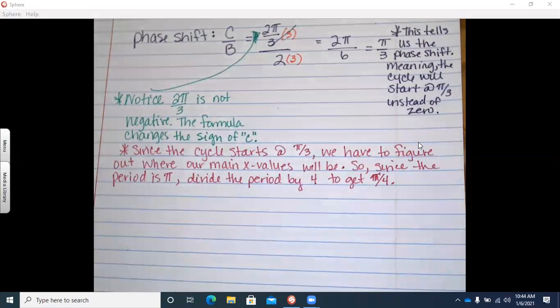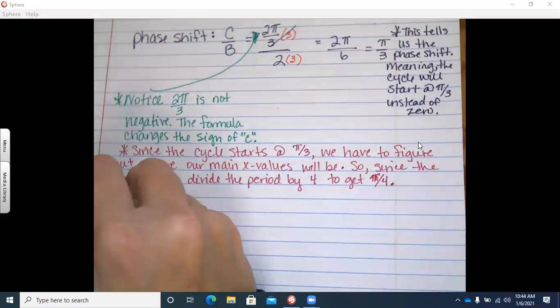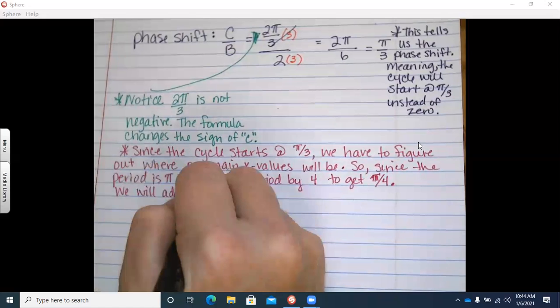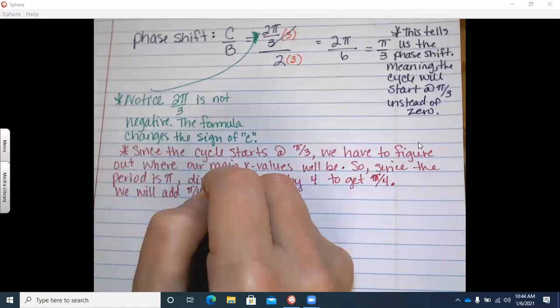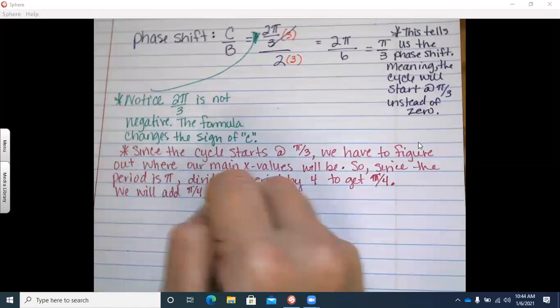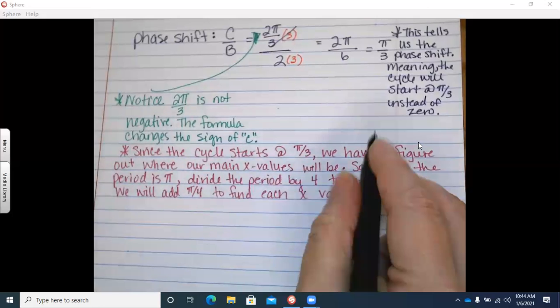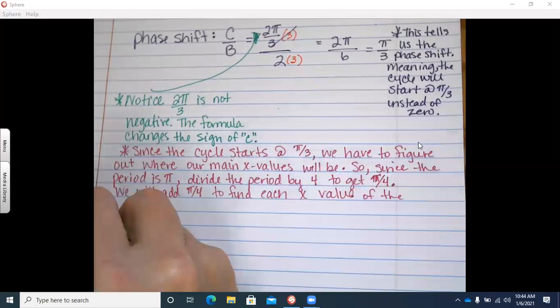All right. So we will add pi fourths to find each x value of the main points on our graph.